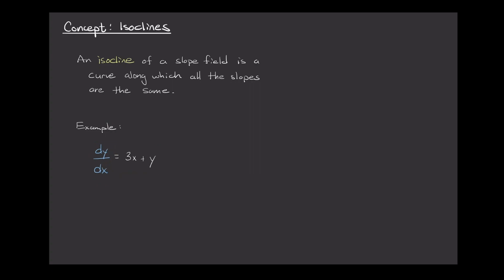Now let's say we want to look for the curves or isoclines where we have a slope of 0. If we recall that dy dx is equal to 3x plus y for this particular differential equation, it follows that 0 is equal to 3x plus y, since dy dx is equal to 0, and a slight rearrangement gives us that y is equal to negative 3x.